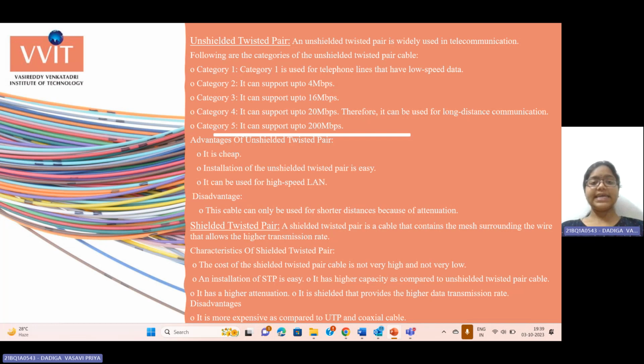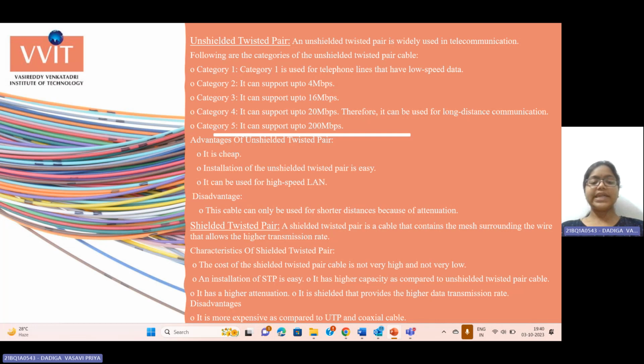These are the five categories of unshielded twisted pairs. Let's see the advantages of unshielded twisted pair. Unshielded twisted pair is cheap, installation is very easy, and it is used for high speed LANs. Whereas coming to disadvantages, this cable can only be used for shorter distances because of its attenuation.